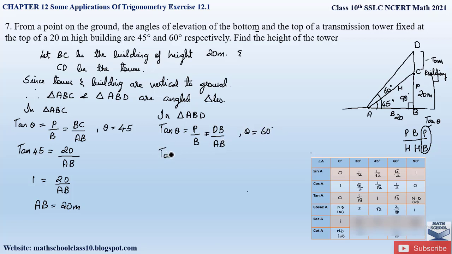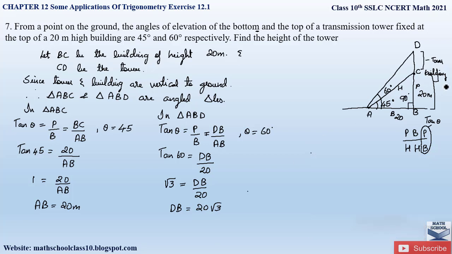So tan 60 equals DB, which we have to find, divided by AB, which is 20. Here tan 60 is √3. So √3 is equal to DB divided by 20, or 20 into √3 is equal to DB.